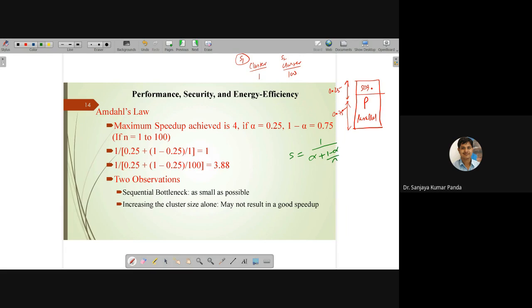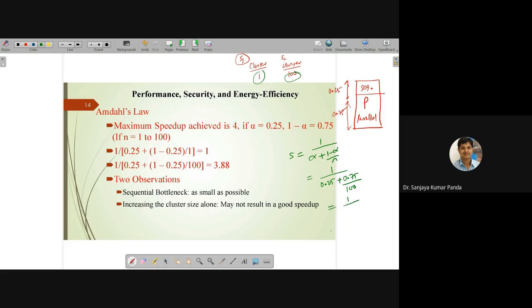The alpha value is 0.25, 1 minus alpha is 0.75, divided by the number of nodes, 100. In the first scenario you took 1 divided by 1, but here I have taken 100. So how much will it come?